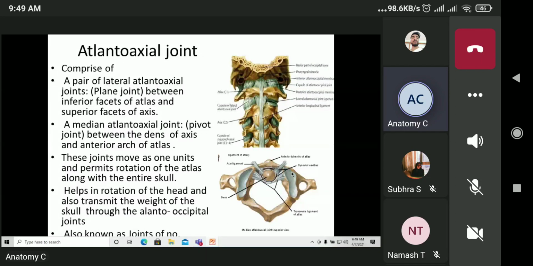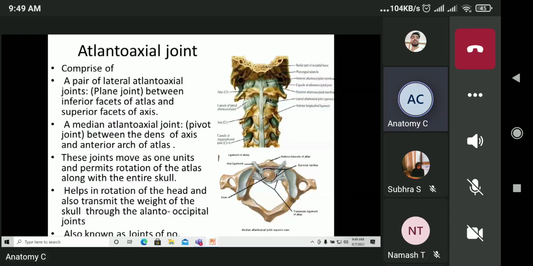On the lateral side the two will articulate, and in the medial also there is one joint. So on the lateral side there is a pair of lateral atlanto-axial joints, between the inferior facet of the atlas, which you have seen, and the superior facet of the axis. These two will join. So look at here.